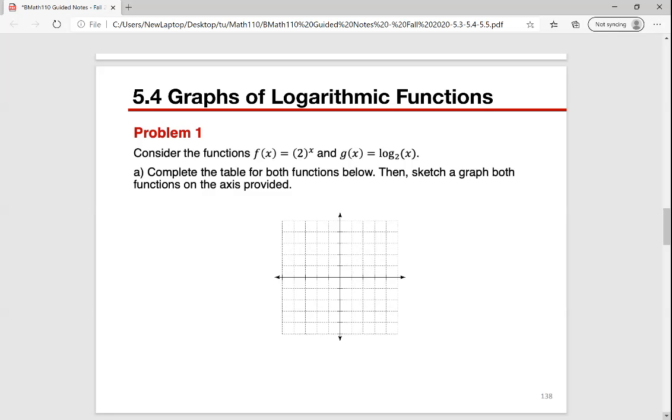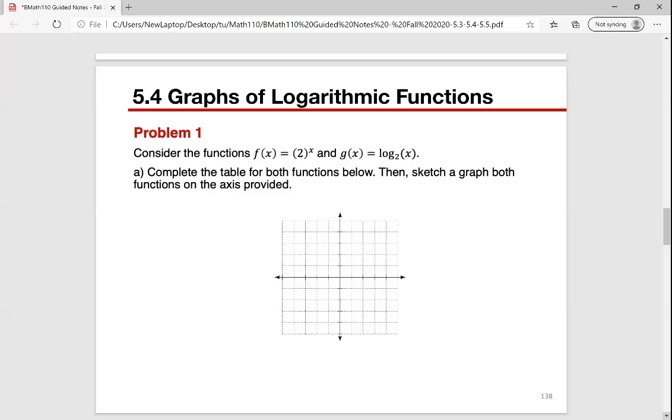Consider the function f of x equal to 2 raised to x, and g of x equal to log base 2 of x. And then we're going to complete the table for both functions below, then sketch the graph of both functions on the axes provided.